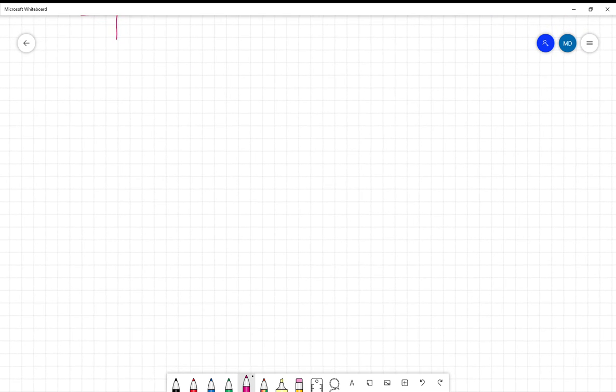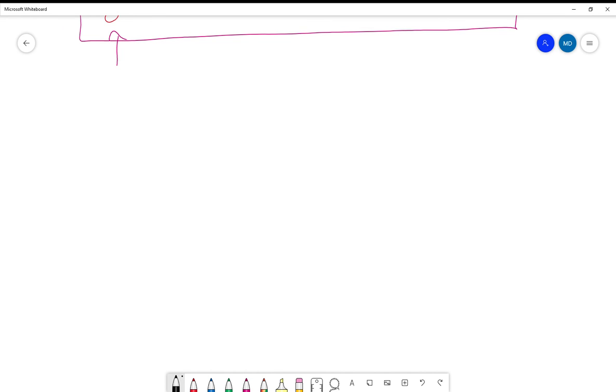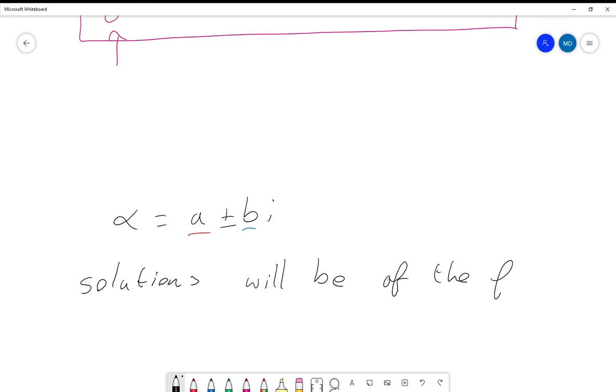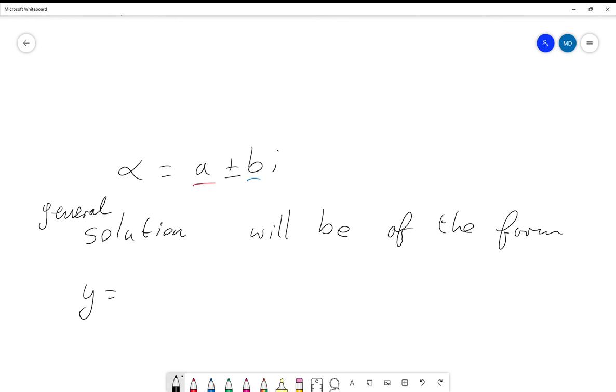So this leaves us with our last one. If your solutions, if alpha is equal to a plus or minus bi, then your solutions will be of the form, let's be careful, general solution, y equals e to the ax.